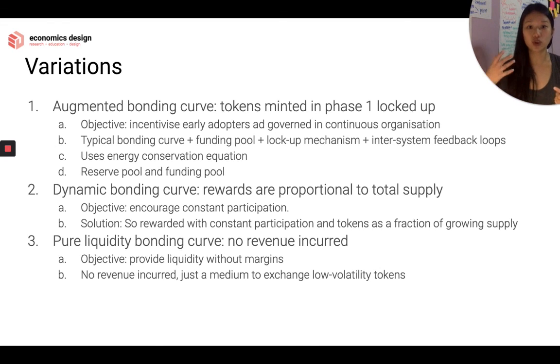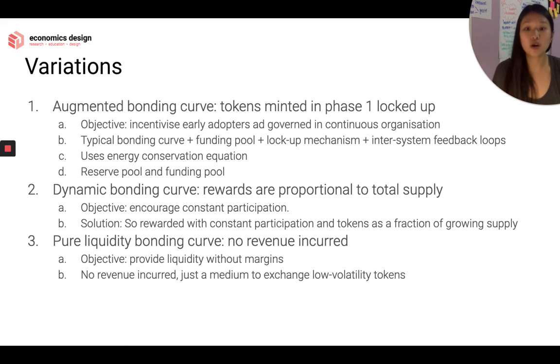We want people to always participate. Maybe this could be a community-led project, and every time they participate they are rewarded with tokens, so their rewards increase proportionally with the total supply, and the tokens they own increase proportionally to the token supply. And when they burn the tokens and get the collaterals out, the rewards actually increase. So we want to reward constant participation.